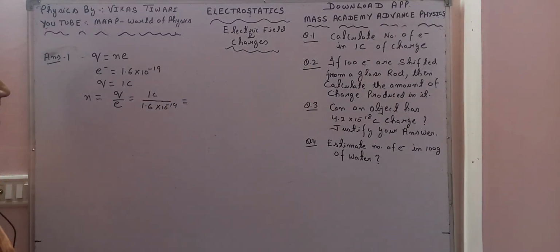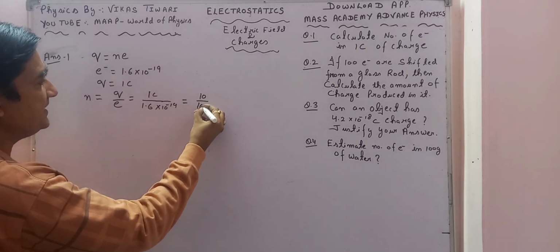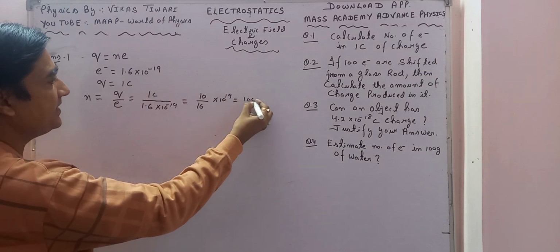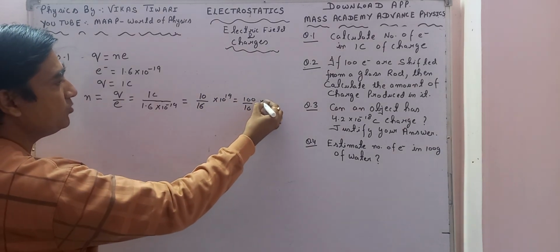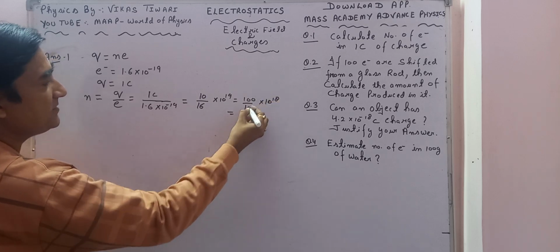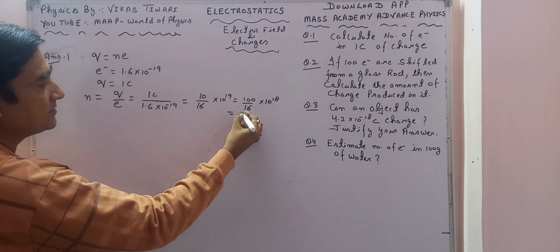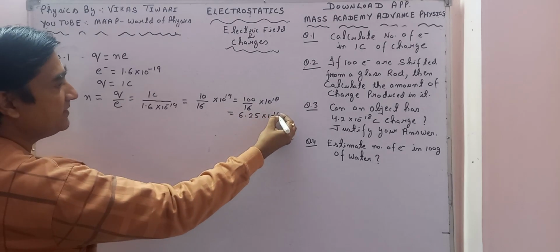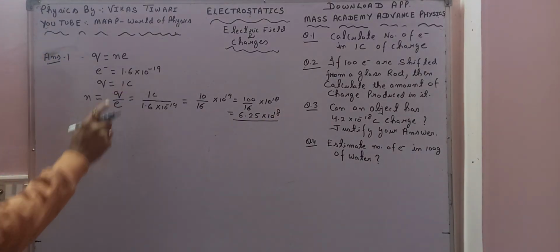We can solve it as 10 upon 16 into 10 raised to power 19, or I can write 100 upon 16 into 10 raised to power 18. If I solve this, it will become 6.25 into 10 raised to power 18. So these are the number of electrons present in 1 Coulomb of charge.